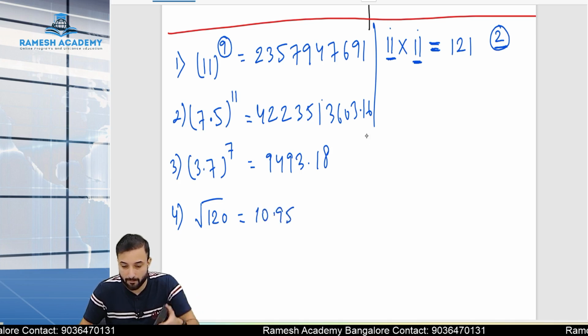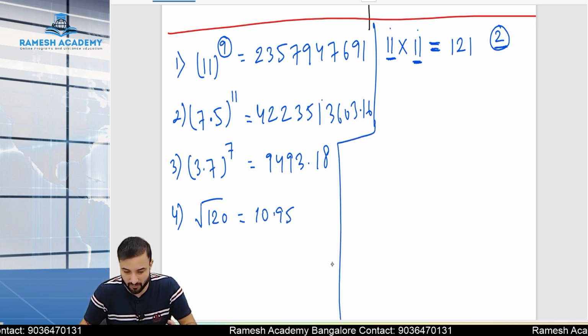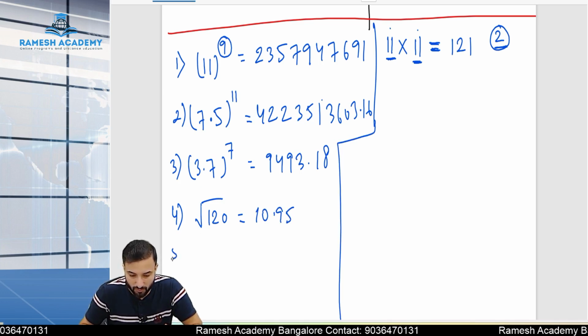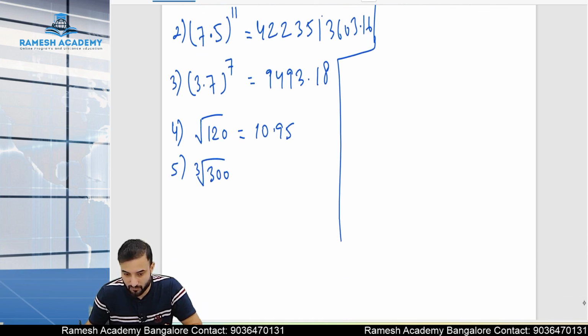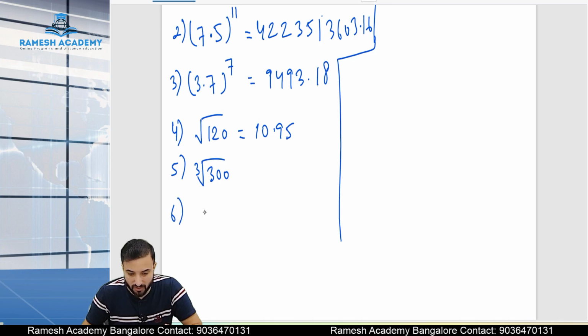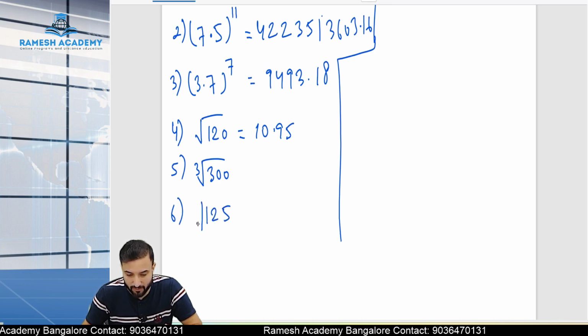But the same thing, suppose they give you a cube root. Cube root of 300, or suppose they give 125 fourth root.